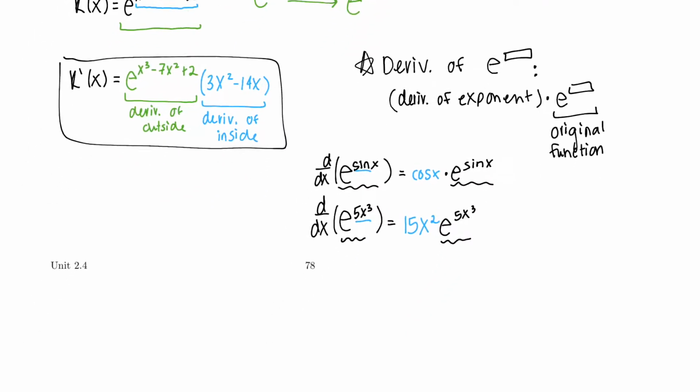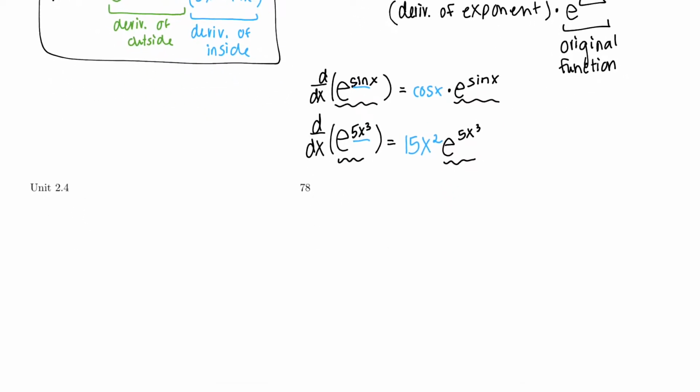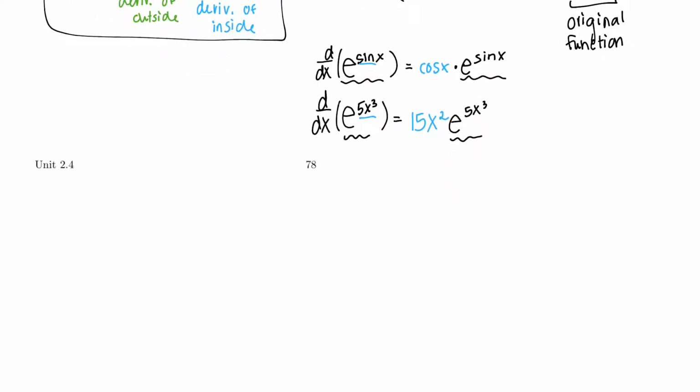All right. I'm going to give you guys a few to try and see how this one goes. So let's do f of x equals ln x plus x squared, all cubed.